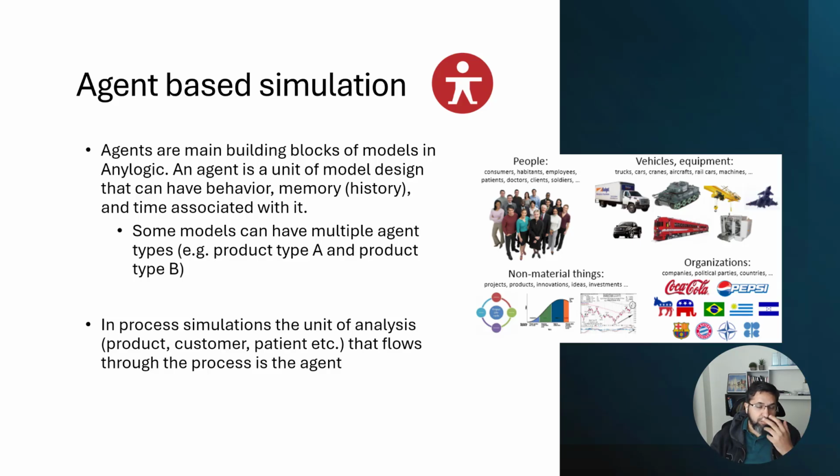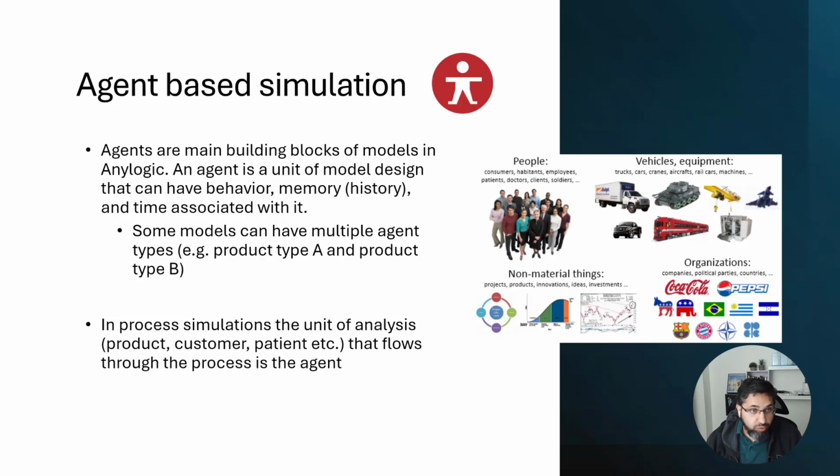So you don't have to think about it much for simple models, but for more advanced models, which we wouldn't get to in this lecture, you can have properties of agents. So for example, you can add variables to track certain things in agents. Let's say an agent is waiting. You may have a time tracking variable in an agent which tracks how long an agent had to wait, for example. You can have different types of agents.